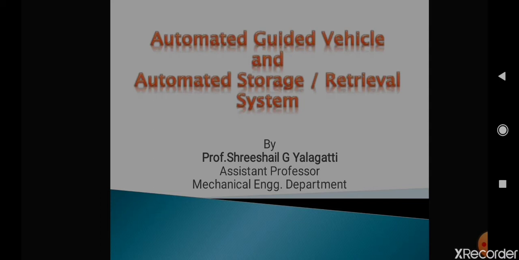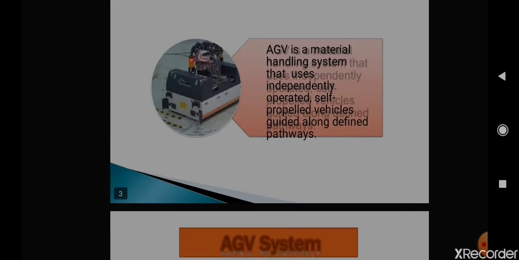This automated storage and retrieval system is a very important chapter in your flexible manufacturing system, which is actually used for storing and retrieving the parts from the storage. The automated guided vehicles are not actually mentioned in your syllabus, but understanding how it works is also very important. Now we'll see one by one.